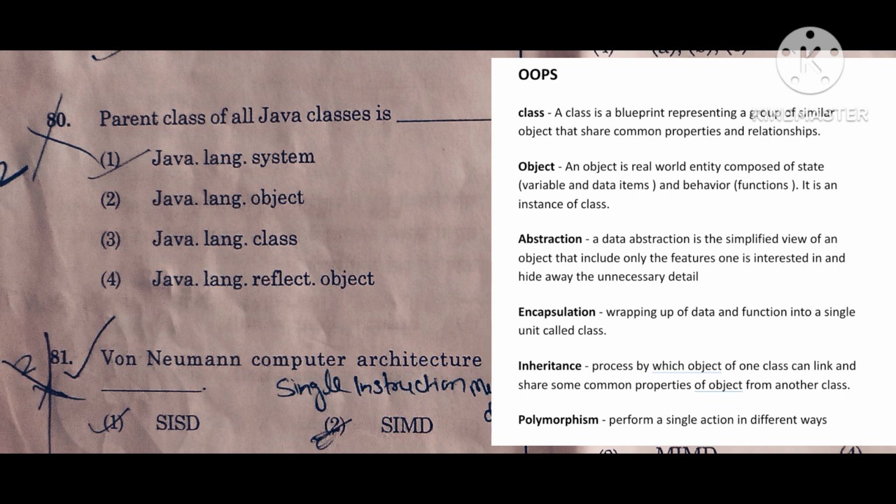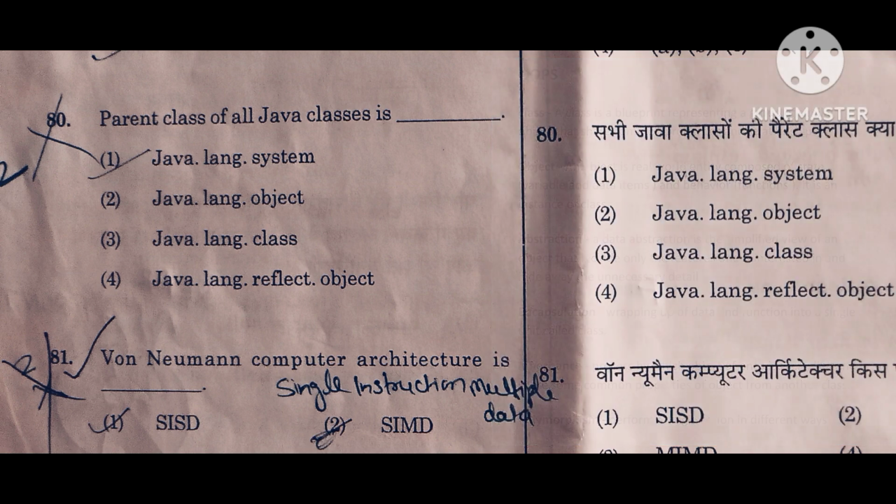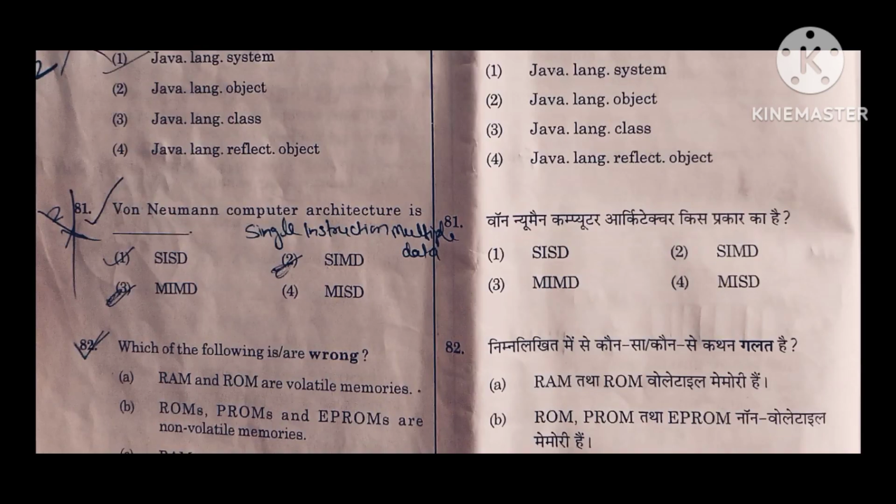If I give 4 parameters and the 4 parameters are equal, then it definitely designs a square. If I'm giving 3 parameters, then it designs a triangle. So it's based on the parameters. This is polymorphism. Now let's move to the next question.